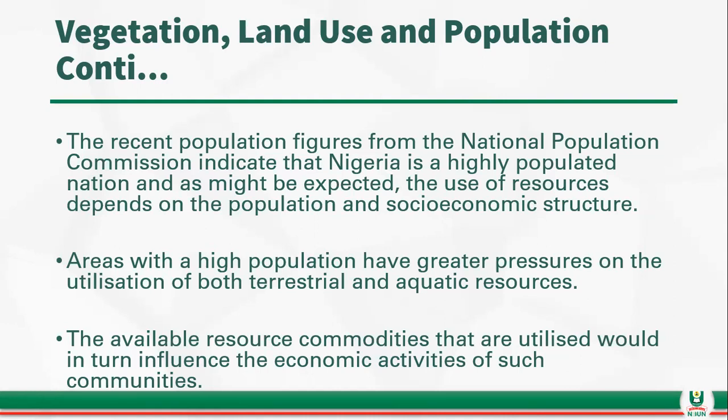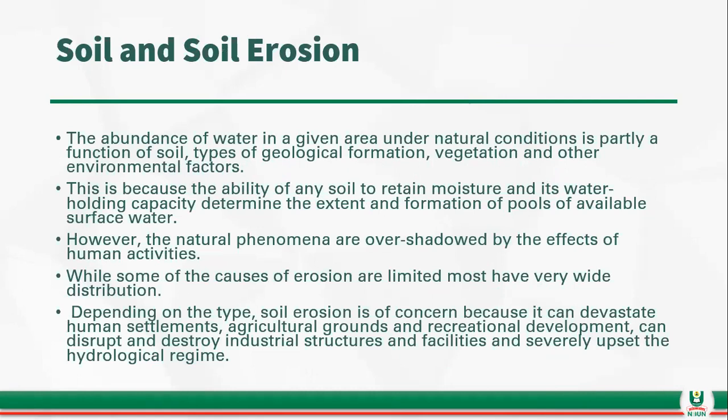So there is high competition for the utilization of terrestrial as well as aquatic resources in those areas. The available resource commodities that are utilized would in turn influence the economic activities of such community.